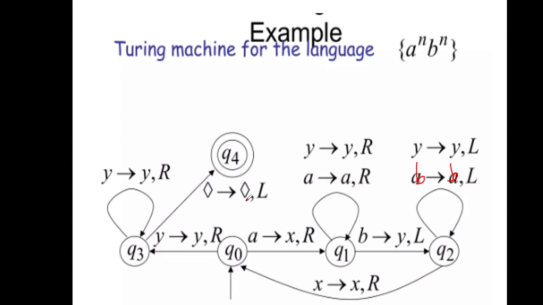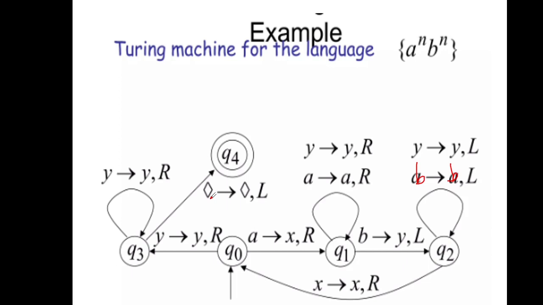So the string A power n B power m can be accepted by the machine because the input tape is blank now.